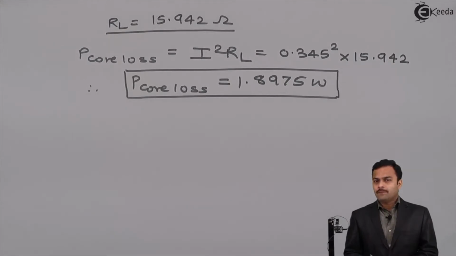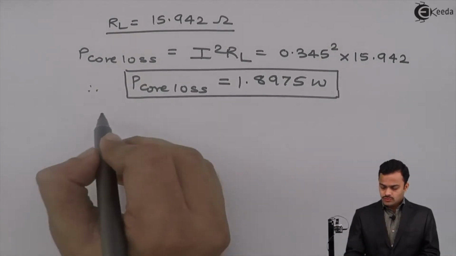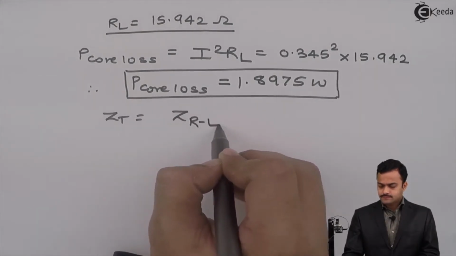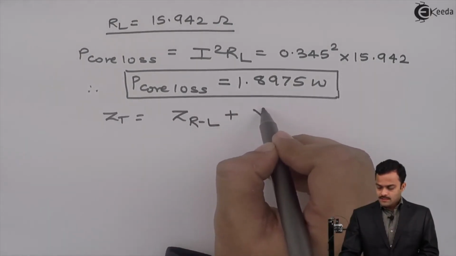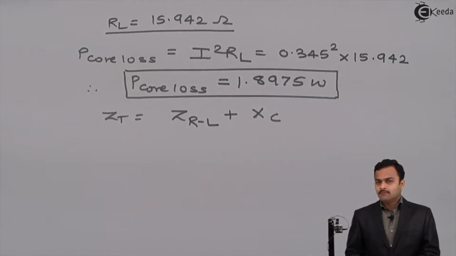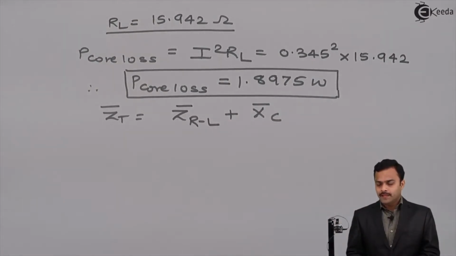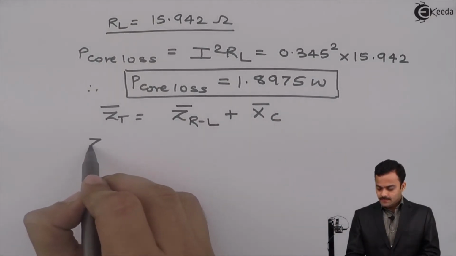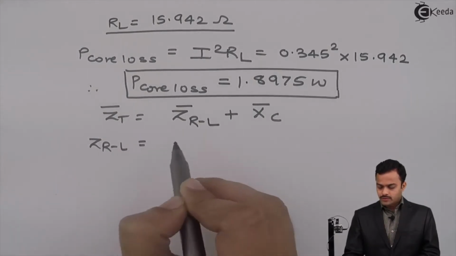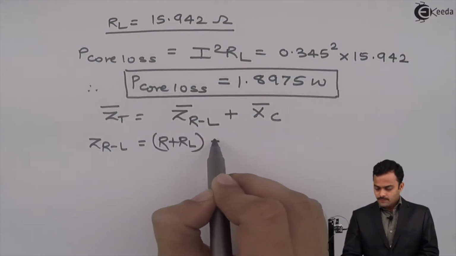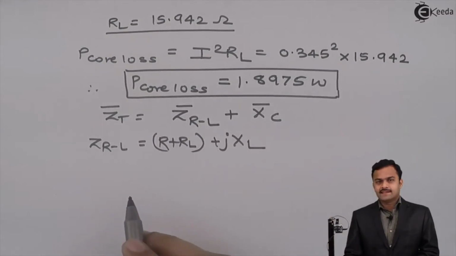Now we have to get the applied voltage. So for applied voltage, I should know the total impedance in the circuit. So total impedance in the circuit is nothing but ZRL plus XC. But mind you, all these are phasors, meaning ZRL will be equal to R plus RL plus JXL.